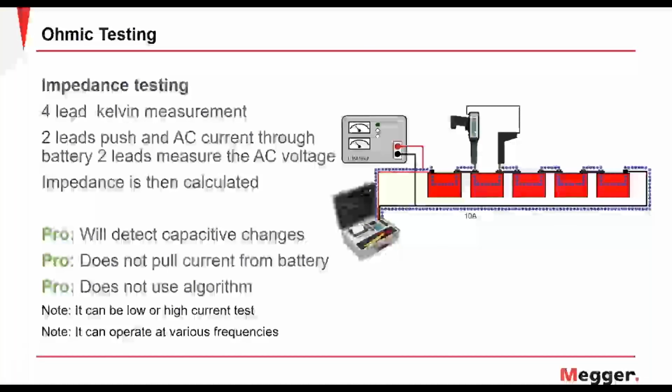As the con for this test, it really depends on the testers. Some give you low current, and some give you high current. So it's really important to see how large the cell you are testing is versus how much current you're going to use to do this test.